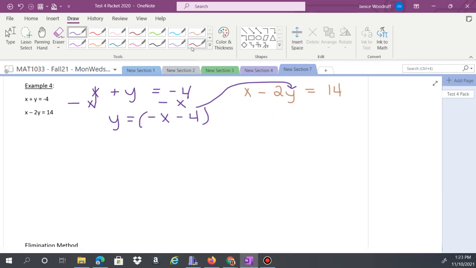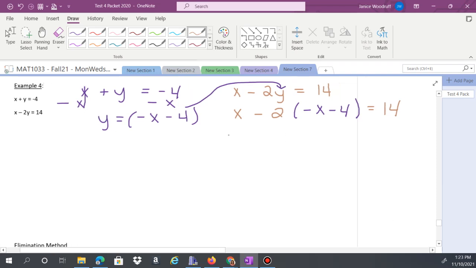Okay, so this equation goes like this. X minus 2, then my y, which is now going to be negative x minus 4, equals 14. Okay, so my y has changed to that negative x minus 4. And then I'm going to work that out.